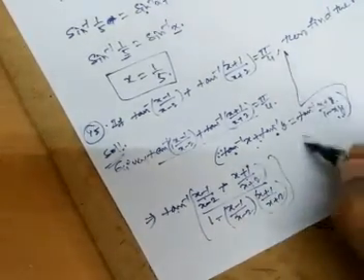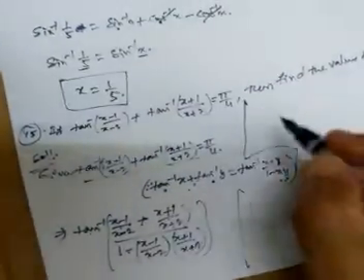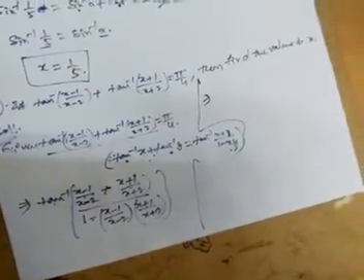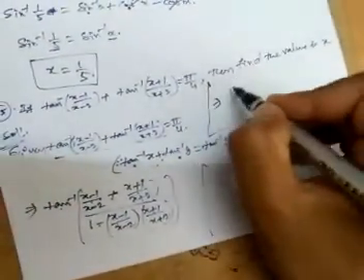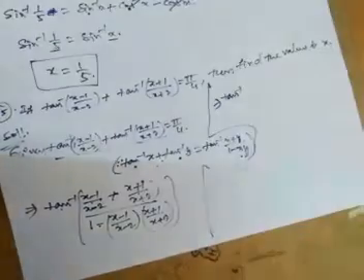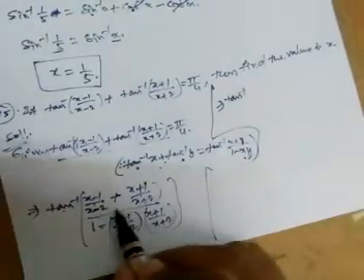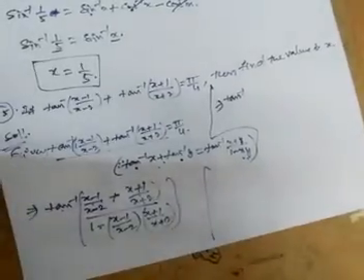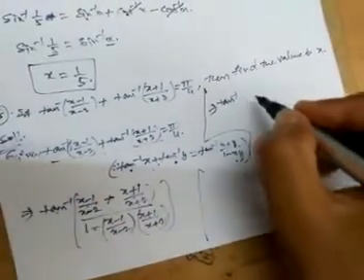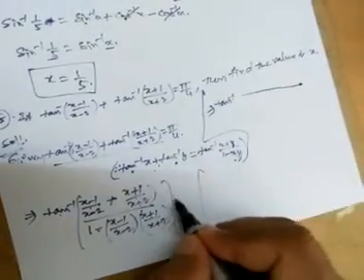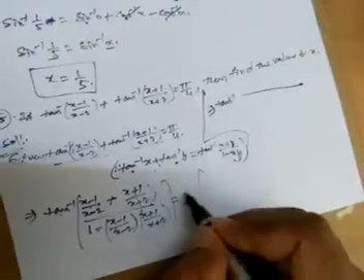Now I am writing here that equals tan inverse of, in numerator part you can take an LCM, that equals total value is pi by 4.